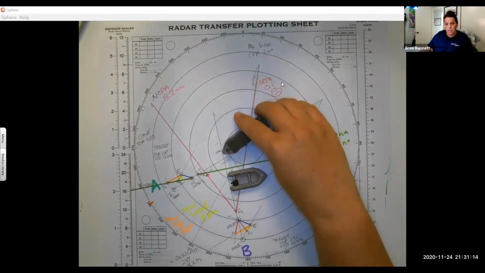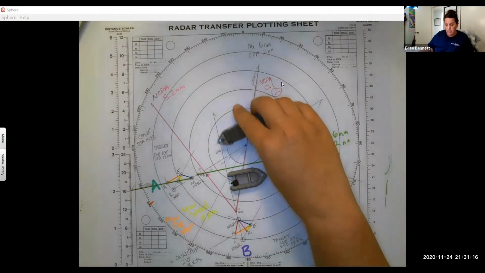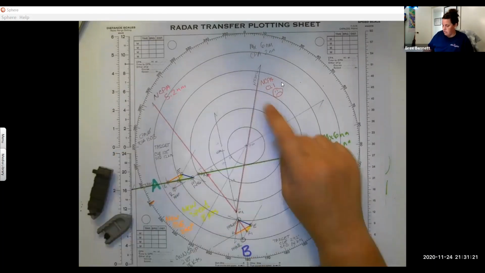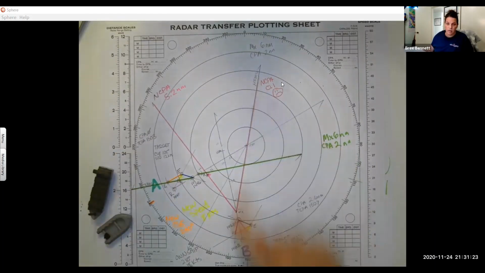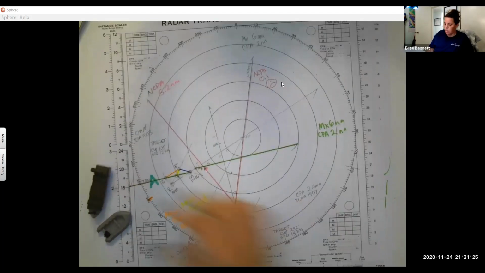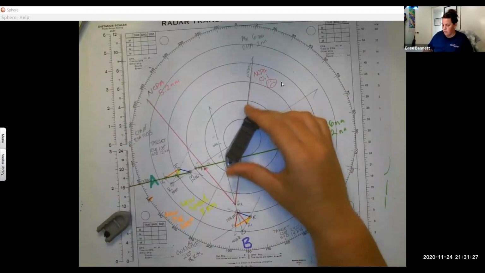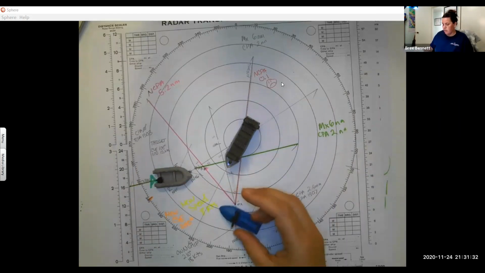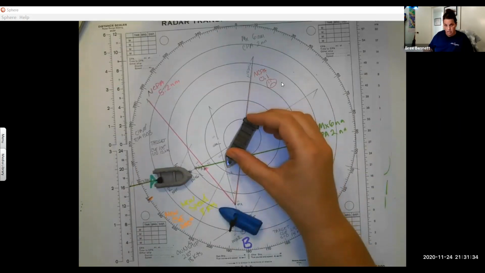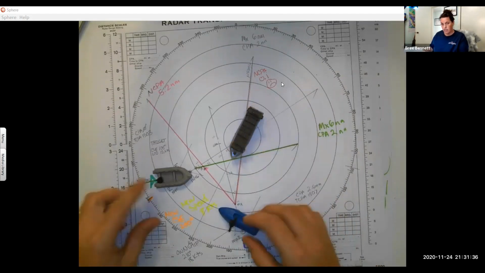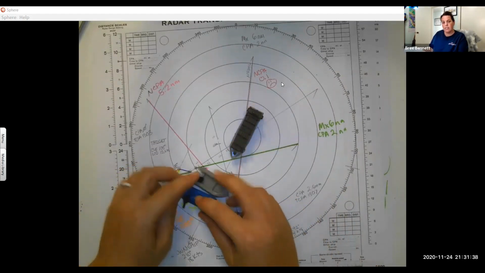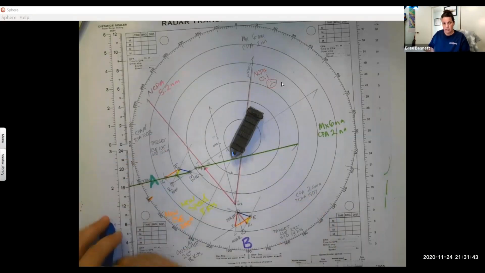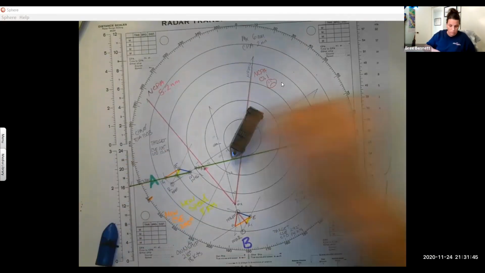So we are going to be turning to the right, and we realize that turning to the right, we get a bad CPA for target B. So if we maintain our course and just slow down, that allows these 2 vessels to pass in front of us, and we don't have to worry about it. So how much do we slow down?